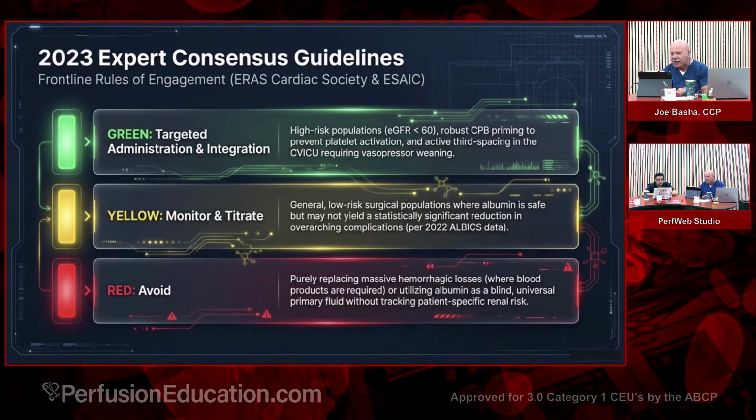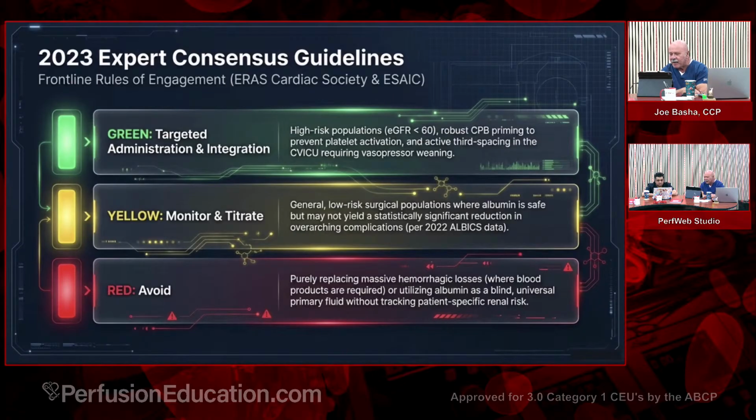Then moderate and titratable, generally low risk surgical. So in the green, you just want to give it, okay? General low risk surgical populations where albumin is safe but does not yield a statistically significant reduction in overarching complications.